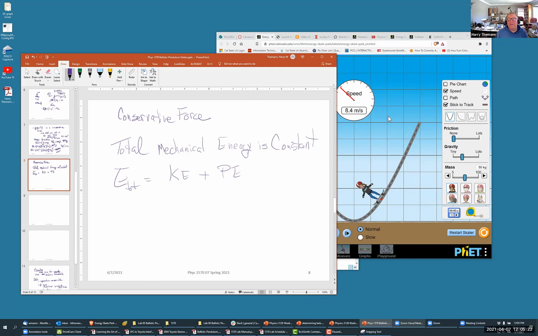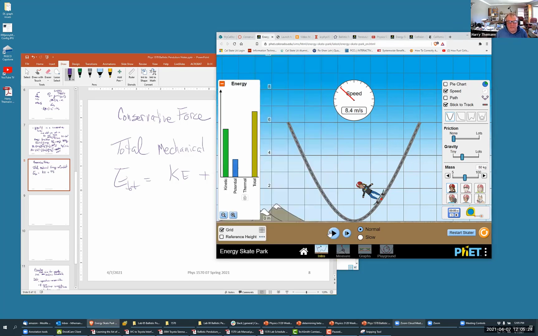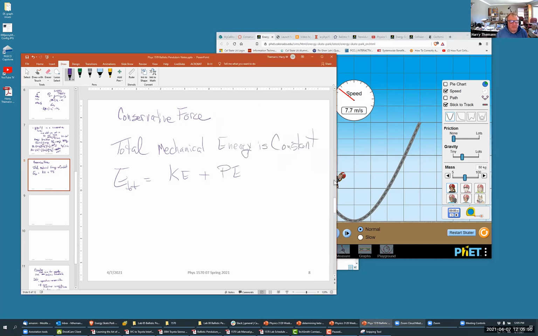So one thing to notice, and let's see if I can get this going. Let's put her, it's pretty close to 2 meters, right? So it says here, when h is equal to 2 meters, speed is equal to 7.7 meters per second.